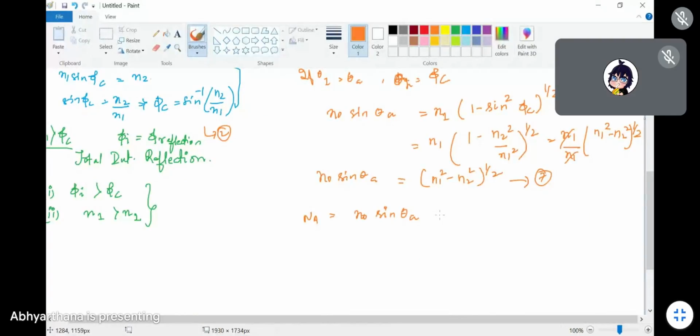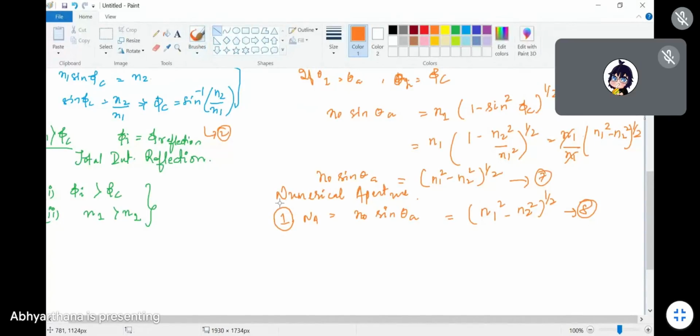So it will definitely have a value. So it is n naught sine theta a. So it is equal to, from this function, it is nothing but your n1 square minus n2 square. Now remember, this is one form of your numerical aperture. Okay, this is one form of your numerical aperture, right?